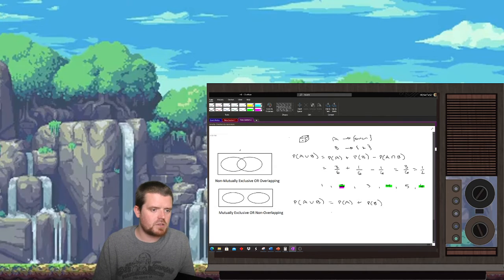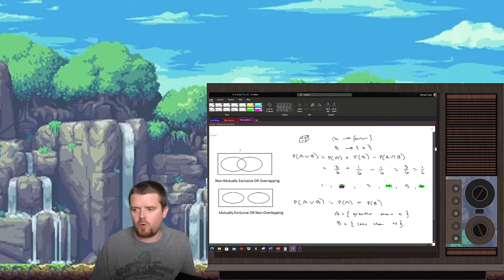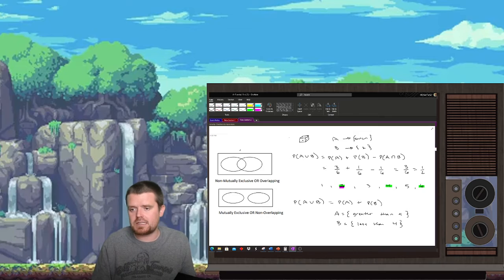Let's say A was the probability of rolling a number greater than 4, and let's say B was the probability of rolling a number that was less than 4. There's no way that I could roll a number that is both greater than 4 and less than 4. Therefore, this is an example of events that are mutually exclusive.